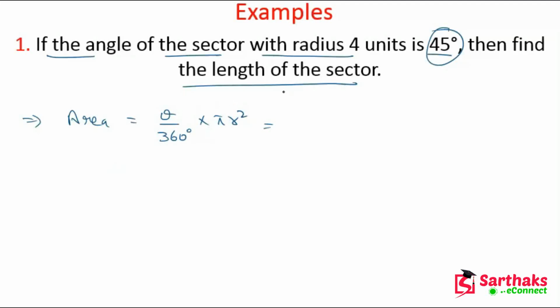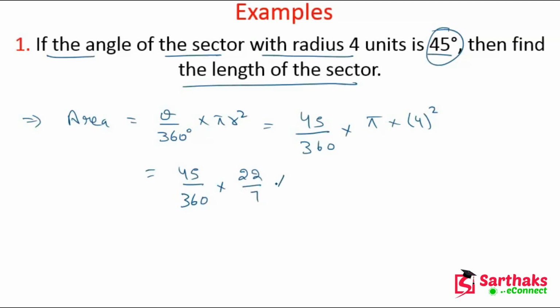The value of theta is 45, and this is 360, into pi, into r is 4 square. This becomes 45 upon 360 into pi as 22 upon 7 into 16. If we solve this, it will become 44 upon 7 square units.